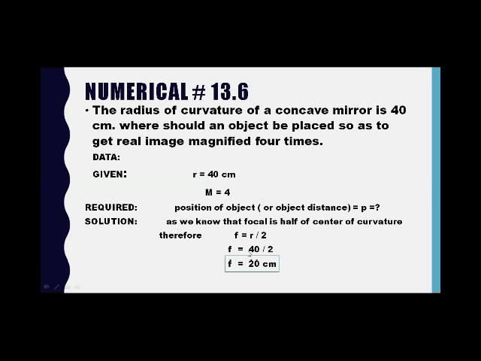So f is equal to r, which is 40, and 2 will remain the same. So we simplify: 2 ones are 2, 2 twenties are 40. So here we get f is equal to 20 centimeter.